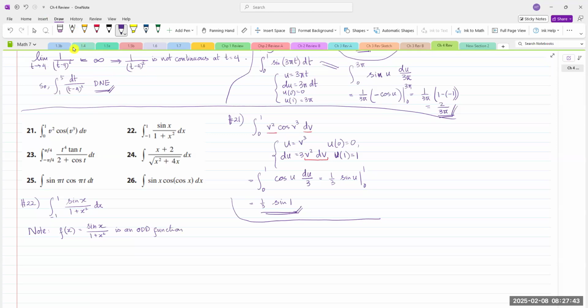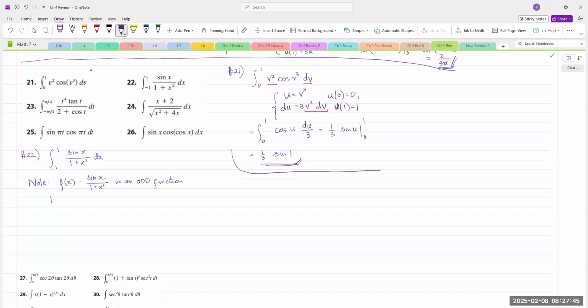You cannot just claim without evidence, right? Proof: f(negative x) equals, so when I go over this review, I also show you how you need to show your work. Okay, so 1 plus negative x squared, that equals negative sine x on the top. Sine of negative x is negative sine x. At the bottom, we get the same denominator, but this is actually negative f(x). So f(x) is odd.